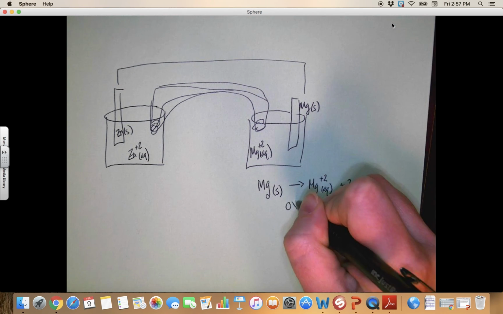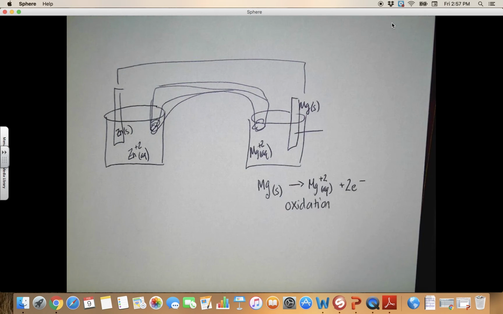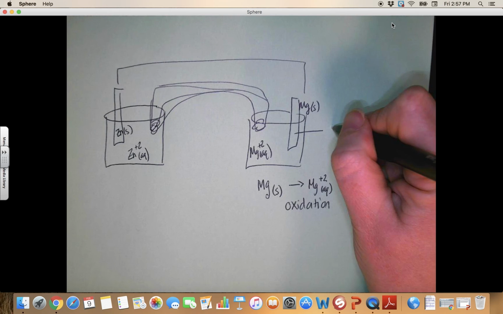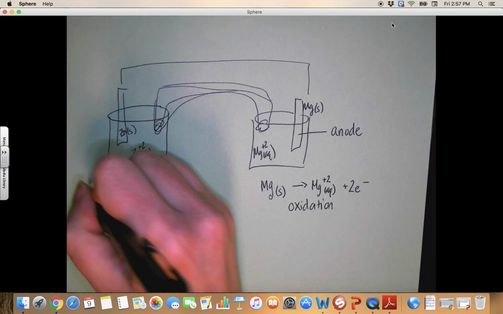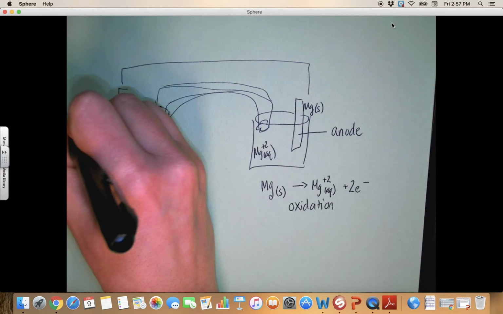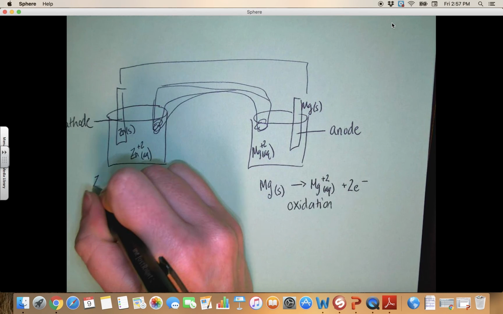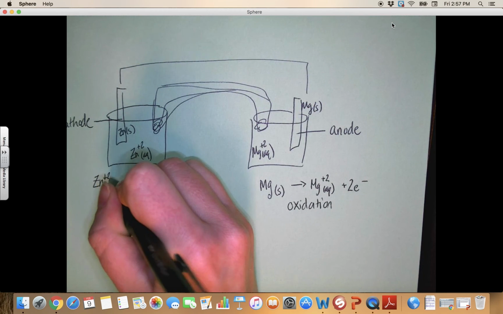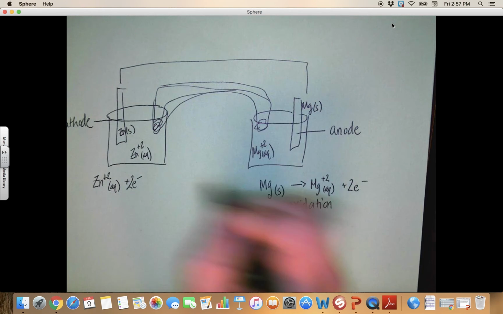So this is oxidation, which means that electrode is our anode. So by process of elimination, this is our cathode. Zinc is going to be reduced. So plus 2 electrons.